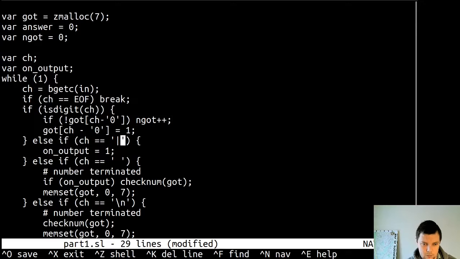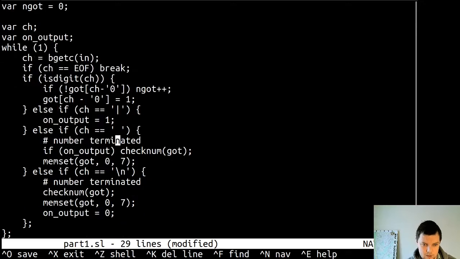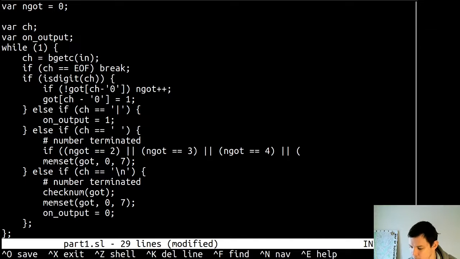I don't think it'll have duplicate digits within a single number, but it doesn't hurt to check. Oh no, hang on. 2 or 3 or 4 or 7.